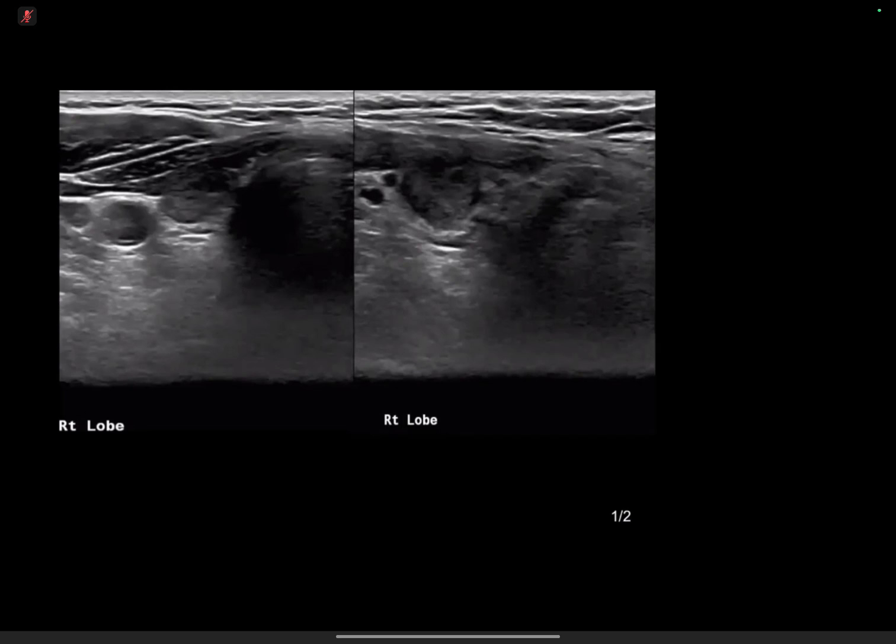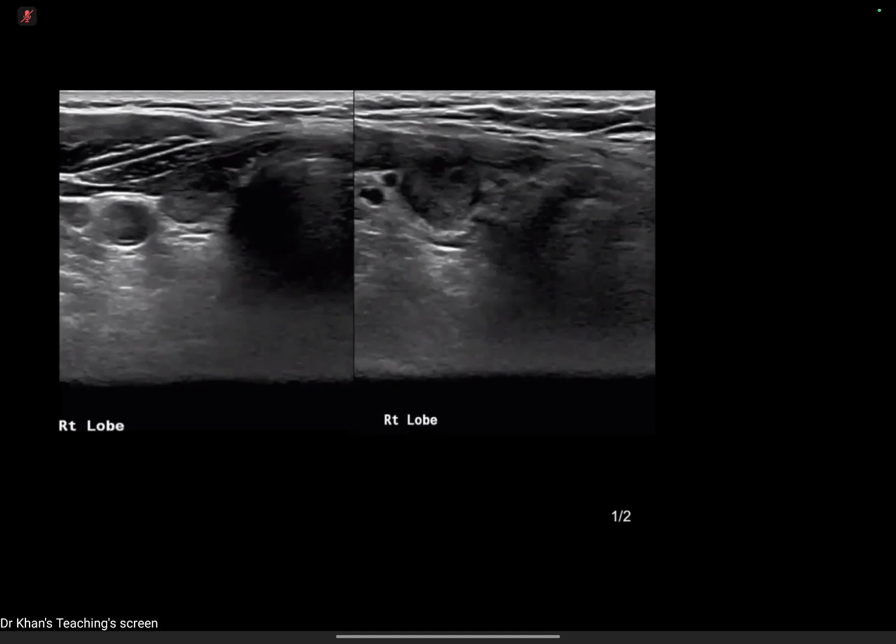It doesn't show any obvious calcifications on the included images, and there's no Doppler interrogation of it. Other than that, it's quite well defined but heterogeneous. There's not really any posterior acoustic enhancement or shadowing to speak of.